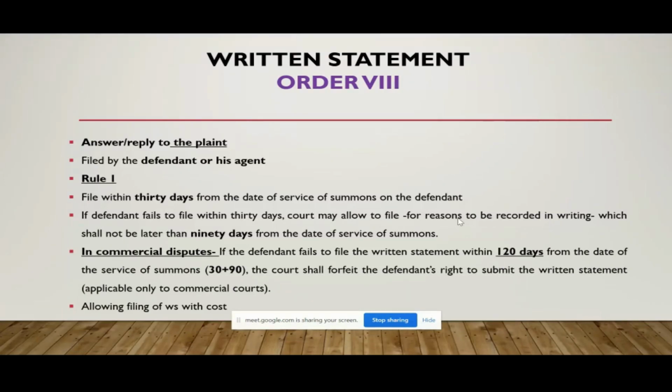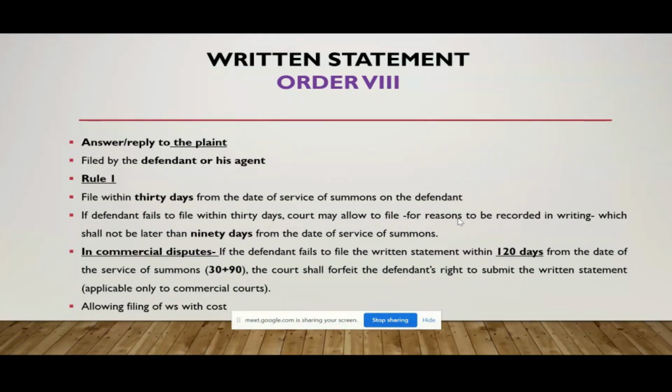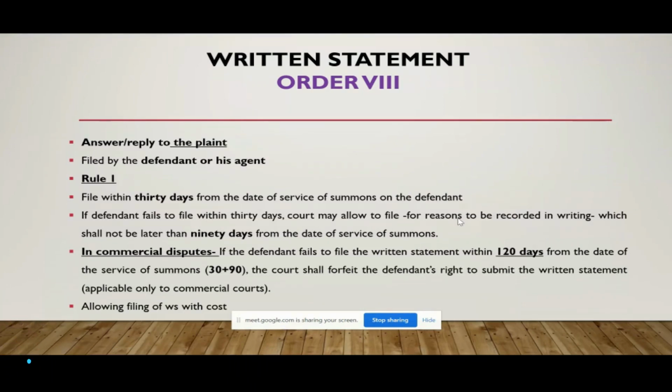What is a written statement? If you find, there is no definition provided in CPC about the written statement. What we can understand is that a written statement means it's the answer to the plaint filed by the plaintiff, or you can say the reply to the plaint, though it is not defined. Who files it? It is filed by the defendant.